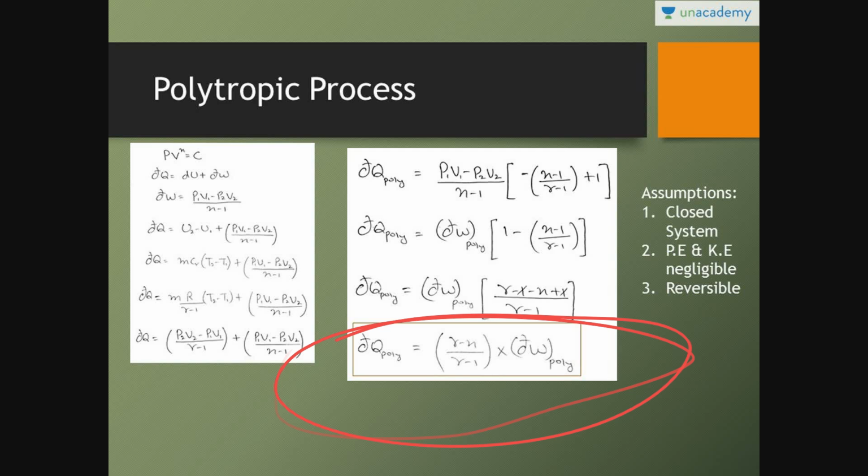And the value will tell you that whenever heat is supplied in a polytropic process, temperature will always decrease. Just go through that particular slide. So these are the important formulas.